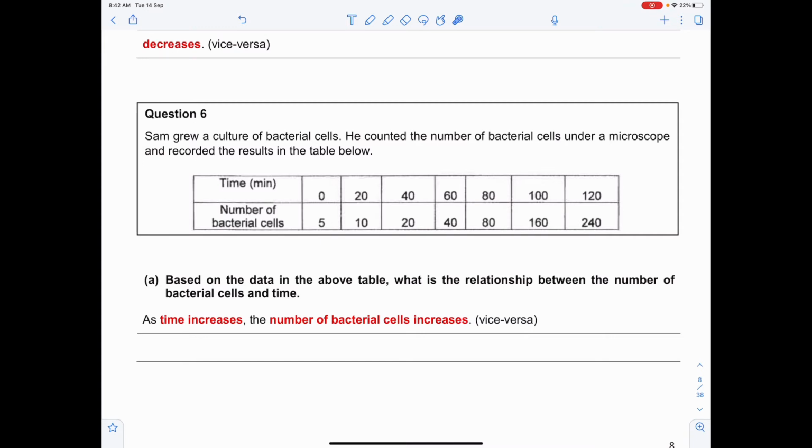Then they ask you to design 2 setups. They give you 2 boxes. You have your experiment and you have your control. So they ask you what should be in your experiment and what should be your control.